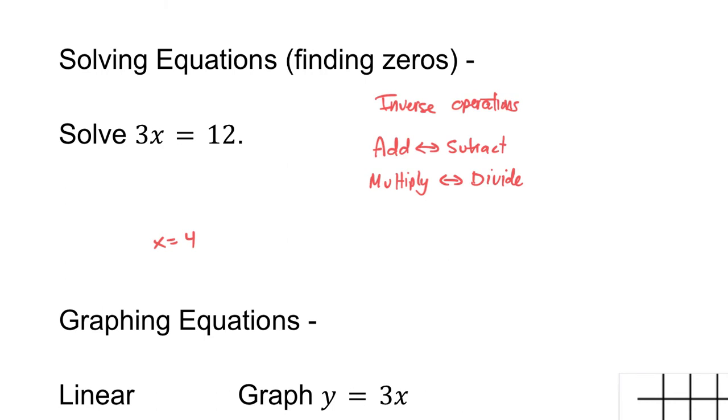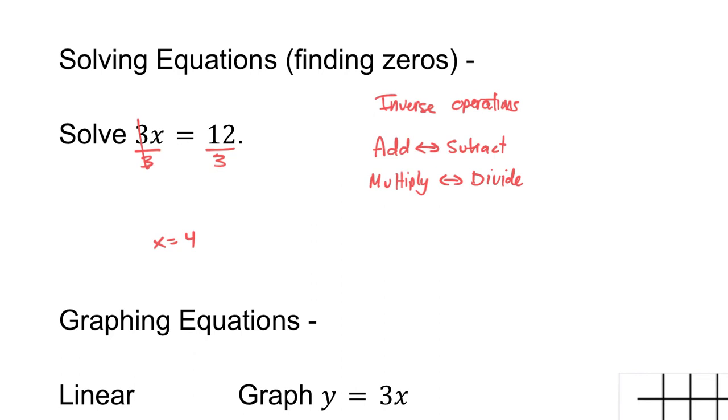But to do more complicated equation solving, we would use this idea of inverse operations, and we would use division. So if that's multiplication, we would divide by 3 on both sides of the equal sign. And this, so 3 times x divided by 3, well, they cancel out.